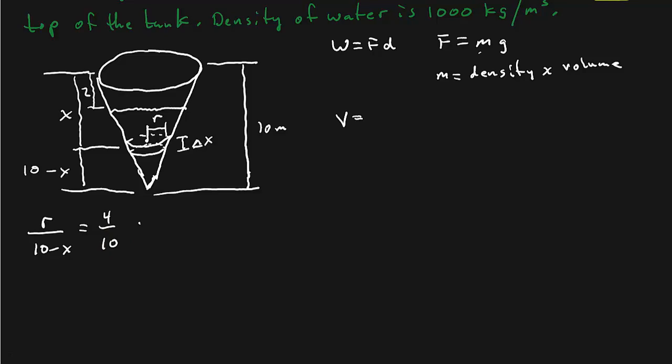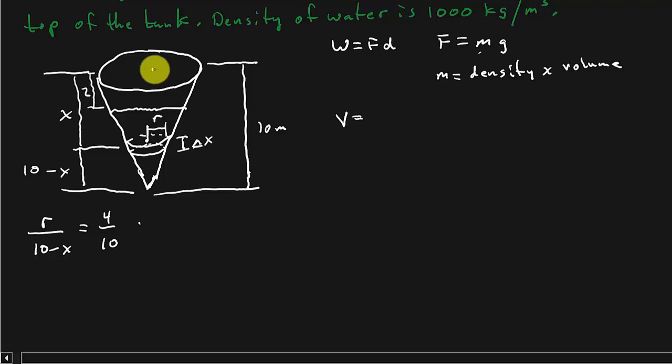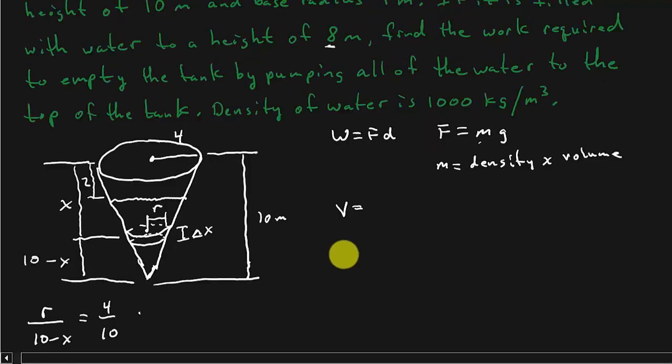How did I get that? Well, I just used similar triangles. The radius of the smaller one over the height is equal to the radius of the larger one, which is 4. They gave us that in the problem.